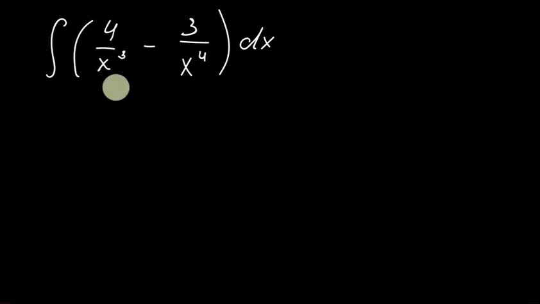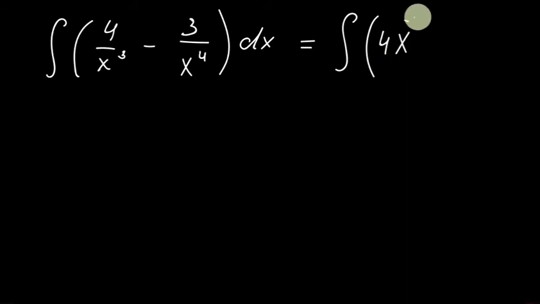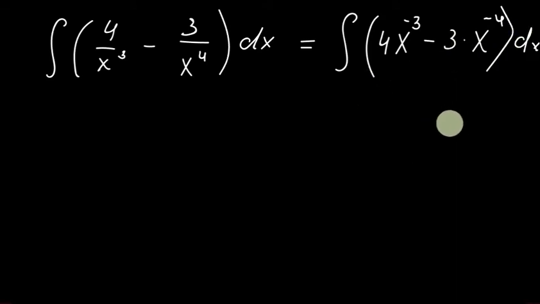Now we need to rewrite this x in the denominator, and we can do it like that: 4 times x to the power of minus 3 minus 3 times x to the power of minus 4 dx. I did it because you should know that a to the power of minus 1 is 1 over a, where a is just some number. Okay, so we get that.